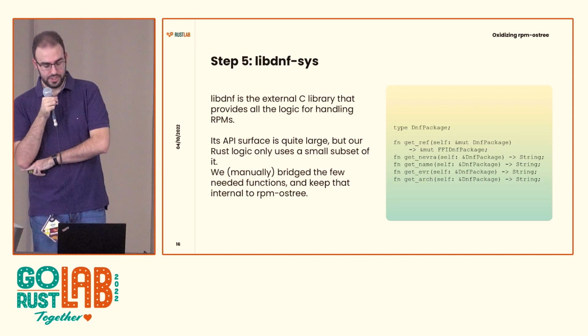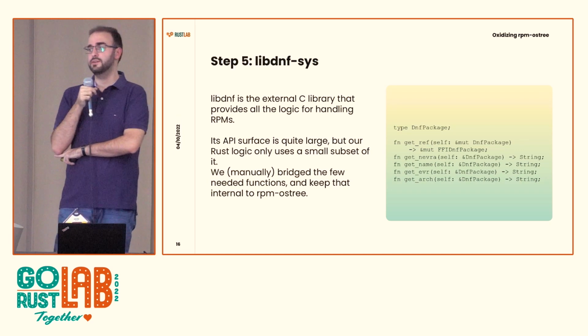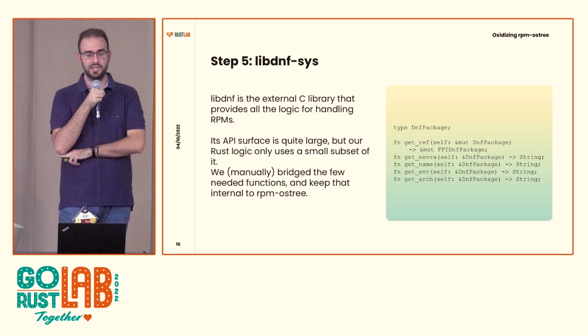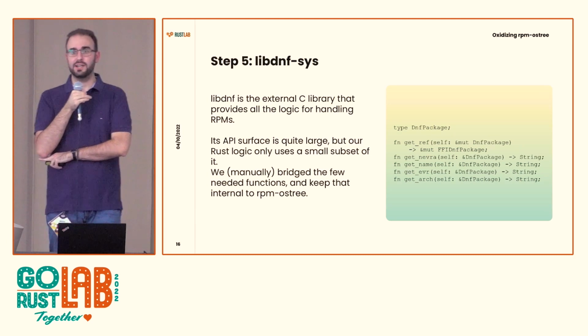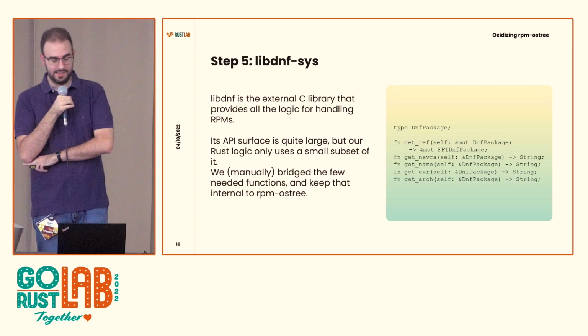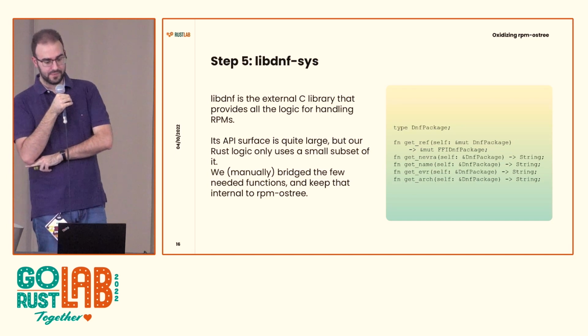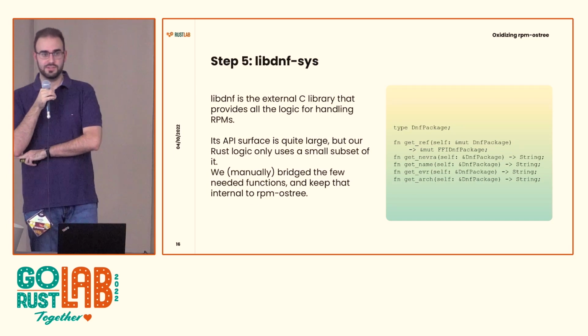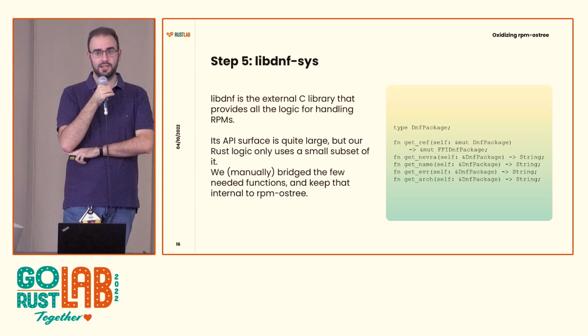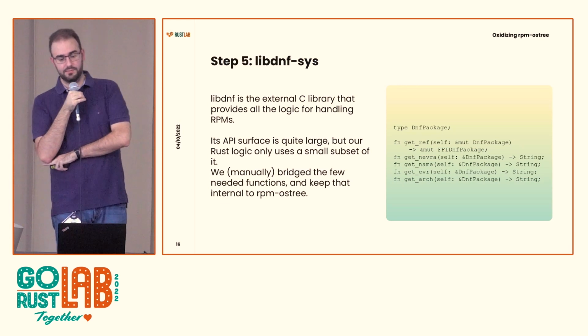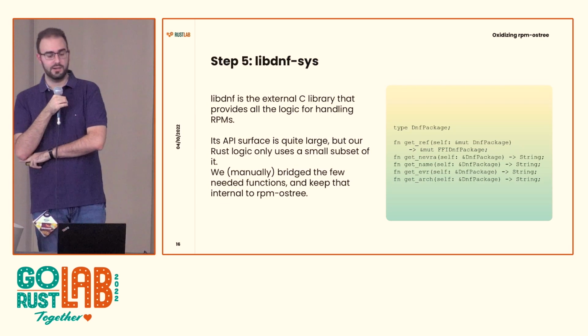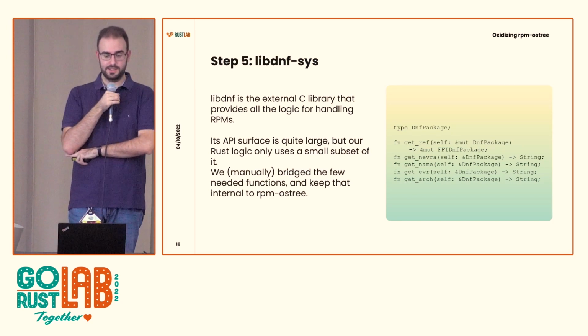But we do use libdnf for handling RPMs, which is a higher level library for handling RPMs. It has a very large surface because it knows how to handle installing and uninstalling RPMs. But at the same time, it also handles repositories, signatures, and things like that.